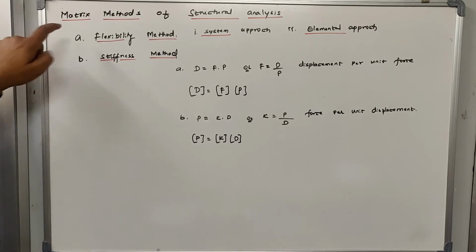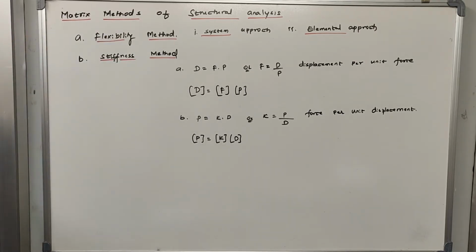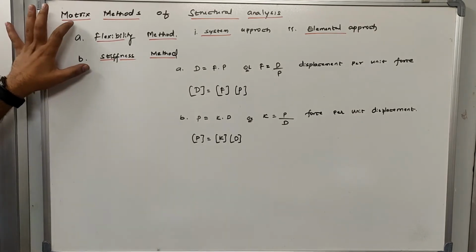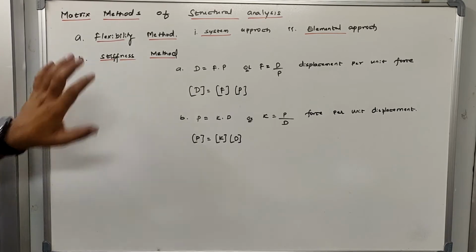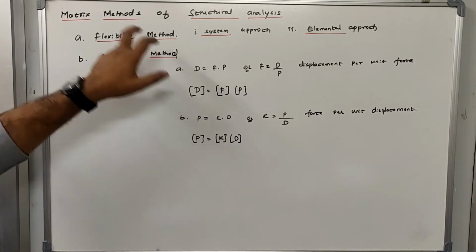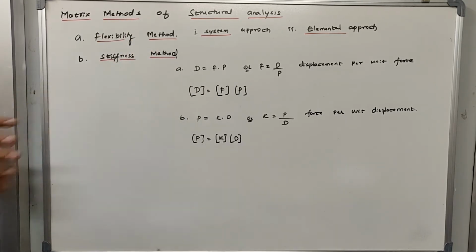In that case you have to go for the matrix method. Many of the software packages developed are based on the matrix method of structural analysis, and many are based on the stiffness method in particular. So anyhow, these are the basics of our matrix methods. There are two methods in the matrix methods of structural analysis: the flexibility method and the stiffness method.